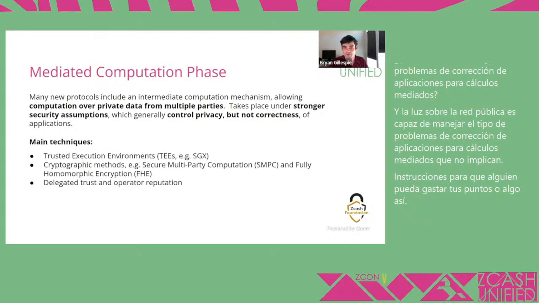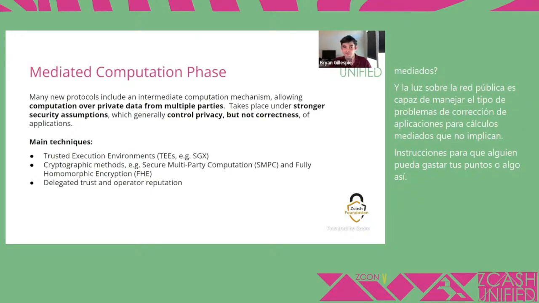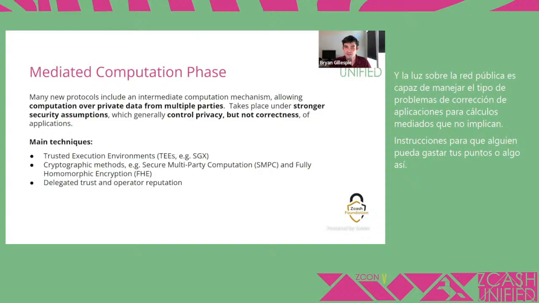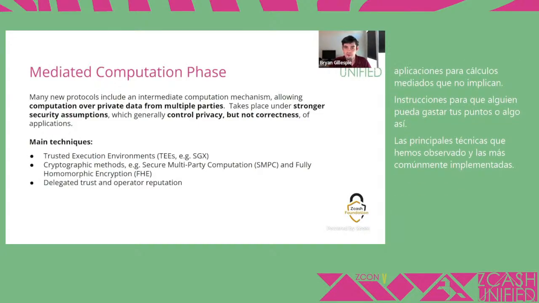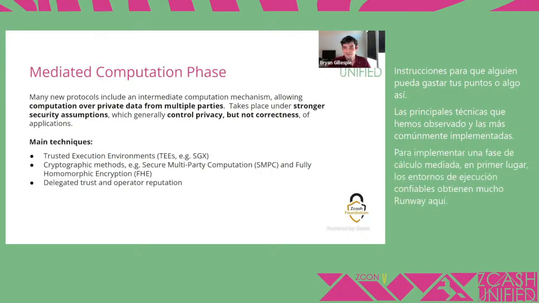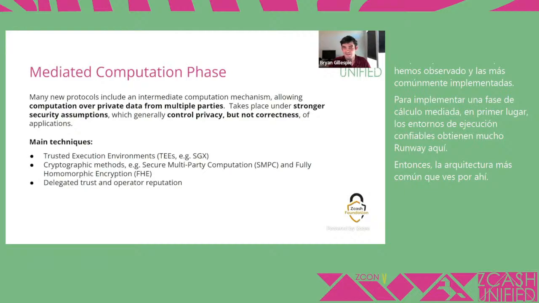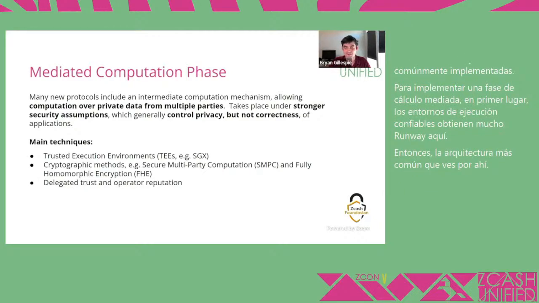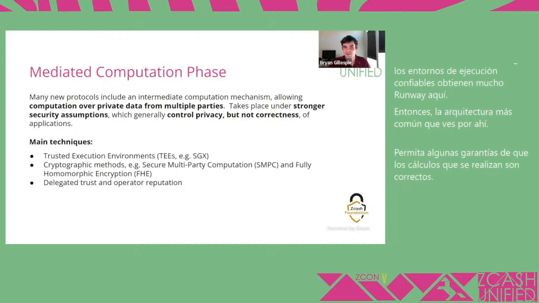Now for the main techniques that we've observed and most commonly deployed for implementing a mediated computation phase. First of all, trusted execution environments get a lot of runway here. TEEs, with SGX being the most common architecture that you see out there, allow some assurances that the computations being done are correctly executed and done in a private way, as long as you trust the security of the hardware underlying the computations.